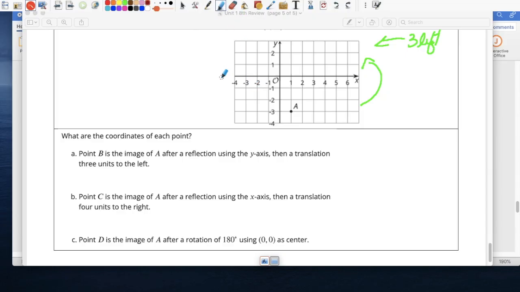Where's my mirror? Here's my mirror. So let's count. 1, 2, 3. So on the other side, it's going to be 1, 2, 3. So that's my reflection, and then 3 left. 1, 2, 3. And that's my final point, and that point is -2, comma, 3.